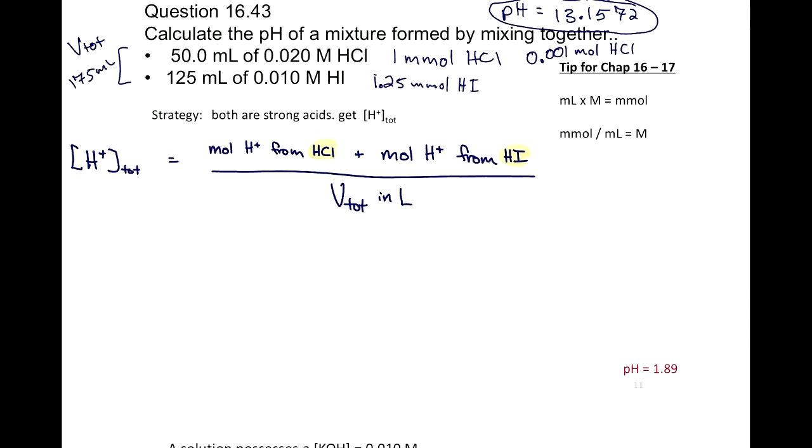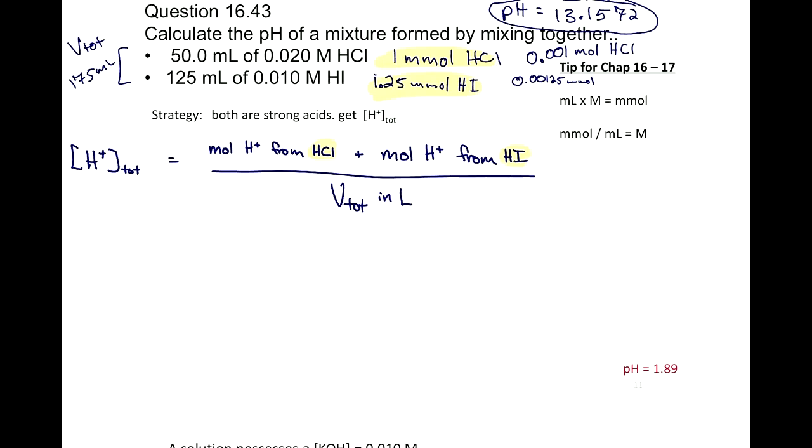Versus if you converted it to liters, it would be 0.00125 moles. And that's annoying to look at because those are small numbers, right? And so with these whole numbers, it's very clear to see, oh, I have 1 millimole of this, 1.25 millimoles of that acid. What's the total amount of acid that I have in my container? 2.25, yeah.